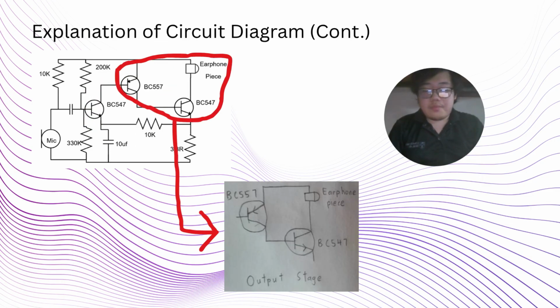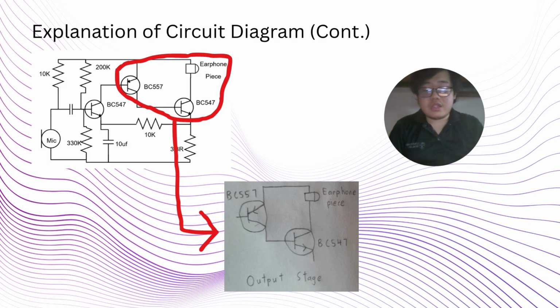And this is the output stage. In the output stage, the BC557 is a PNP transistor that acts as a current amplifier that produces a stronger drive signal in accordance to the changes in the collector voltage of the first BC547 transistor. It also supplies the current to the output BC547 transistor.